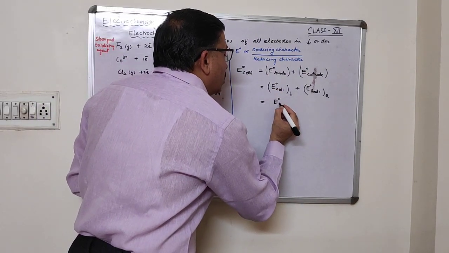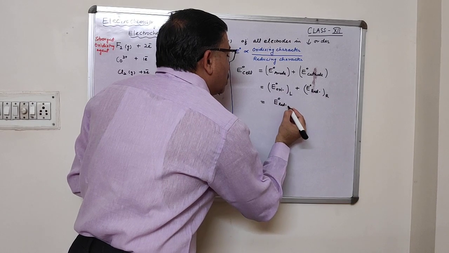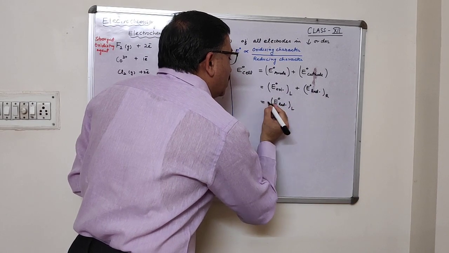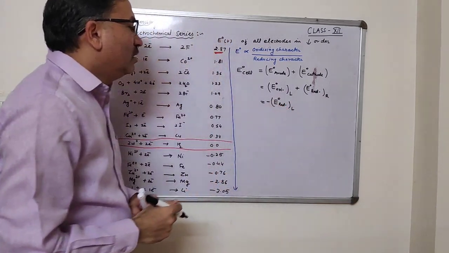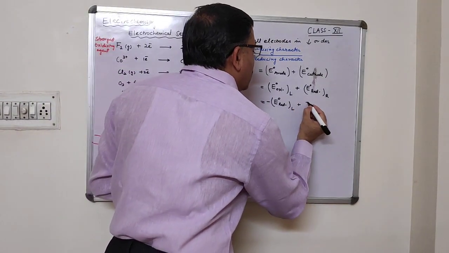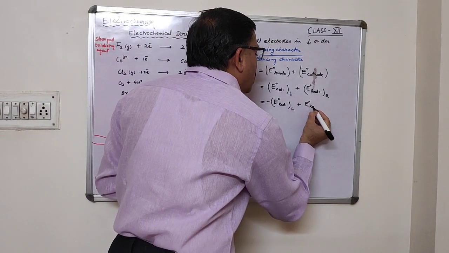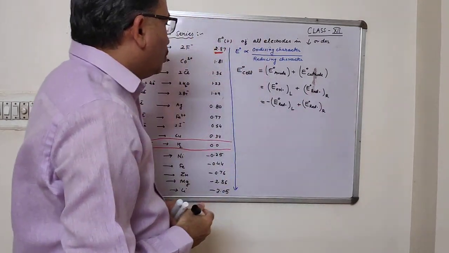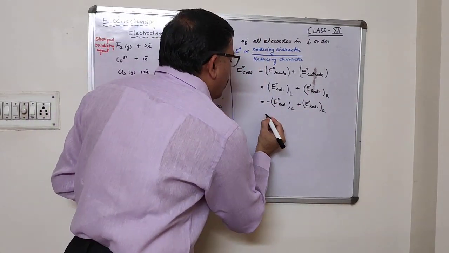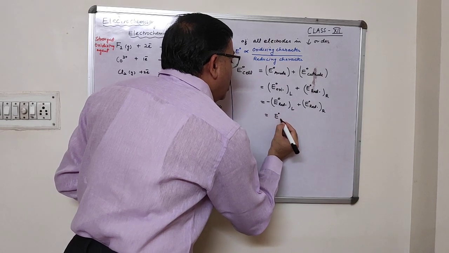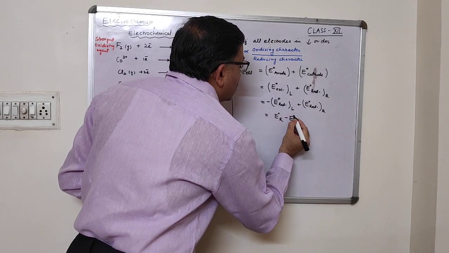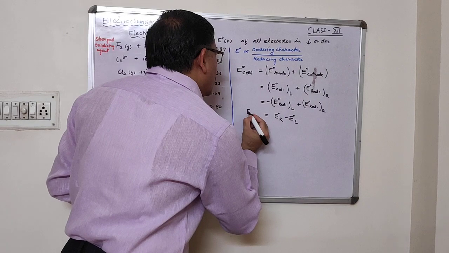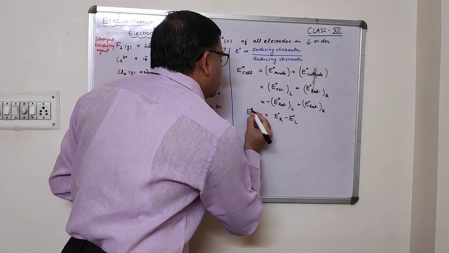So E naught reduction on the left hand side, and I have to change the sign, plus E naught reduction on the right hand side, that is already at the cathode, in the form of reduction. Or simply I can say E naught R minus E naught L is equal to E naught cell.